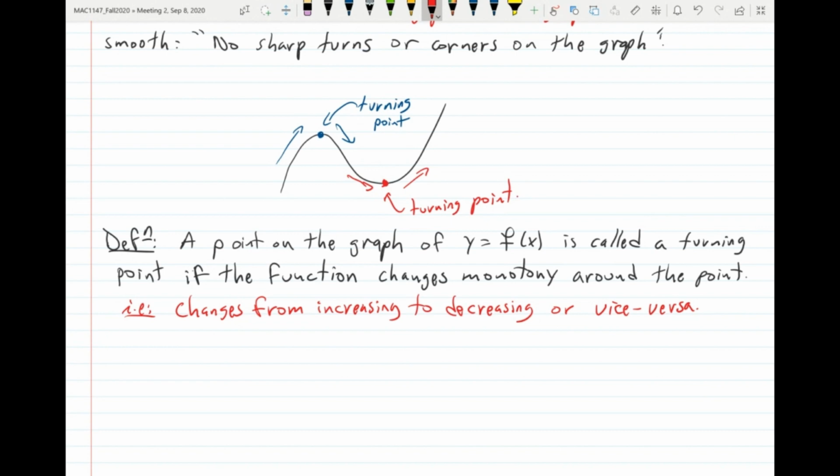In other words, the theorem says that a polynomial of degree n has at most n minus 1 turning points. Okay? So if you see that a polynomial has 2 turning points, then the degree has to be 3 or bigger. So we already know that the picture on top belongs to a polynomial of degree 3 or maybe larger, because we don't know what's happening down the line, okay? But it's at least 3 for sure.